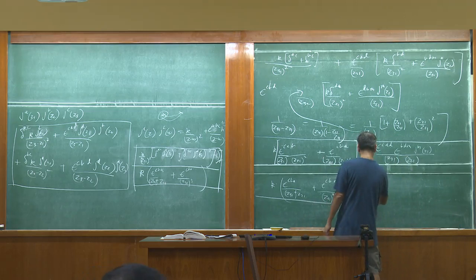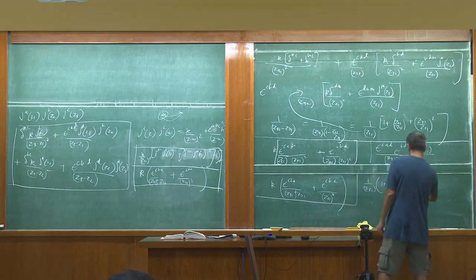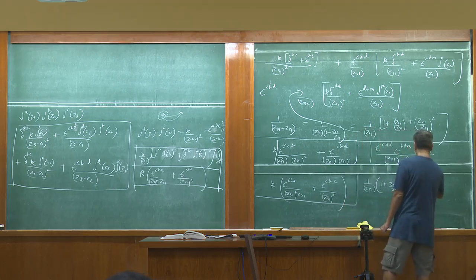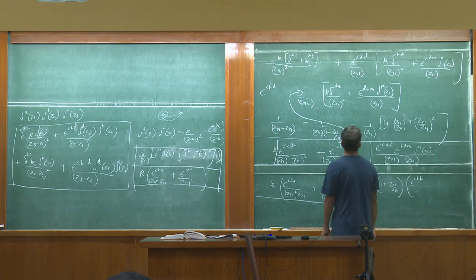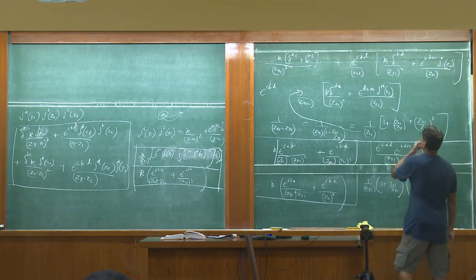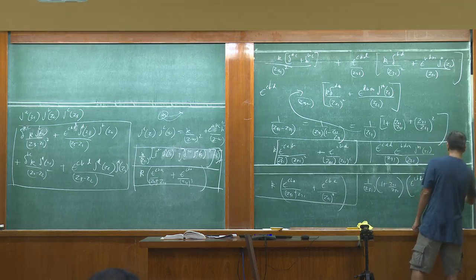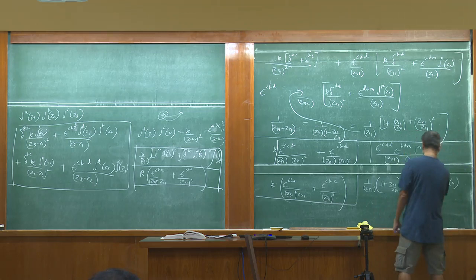So there's 1 over Z31 into 1 plus Z21 by Z31 into epsilon CBD, okay, epsilon CBD, and then epsilon DAM JM of Z1, that's good, and over Z21.